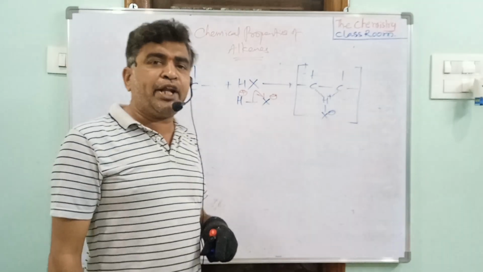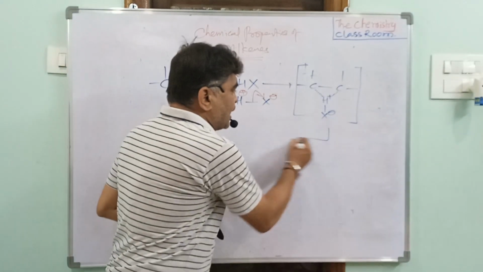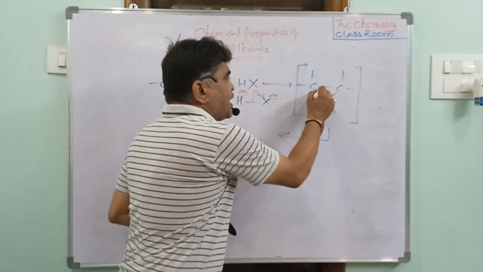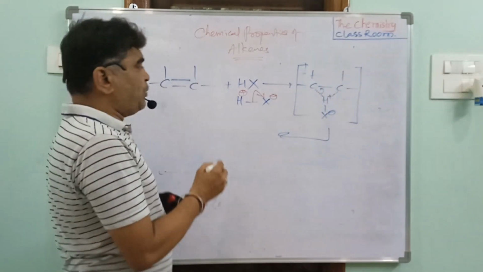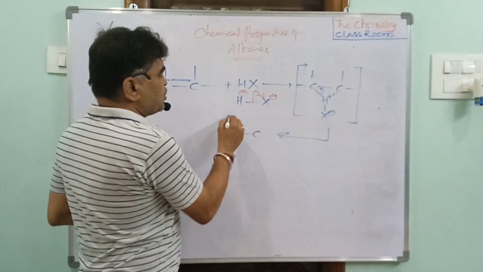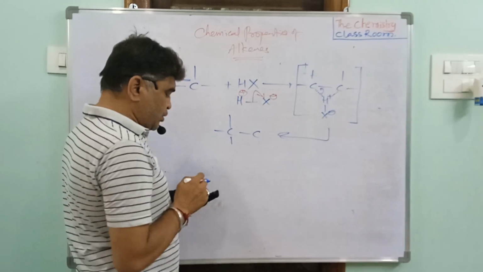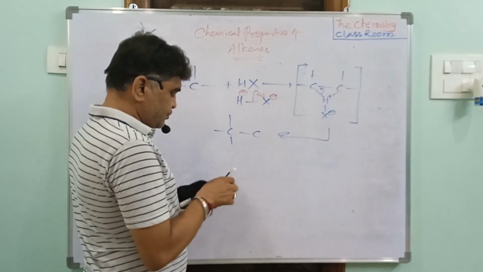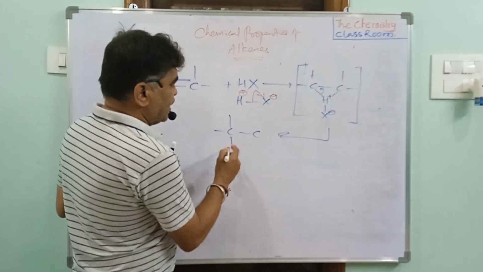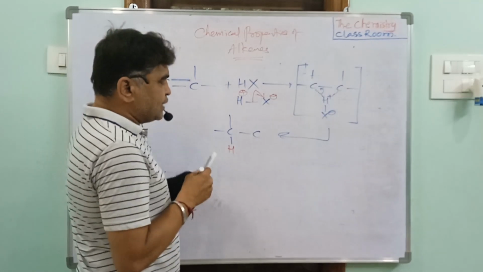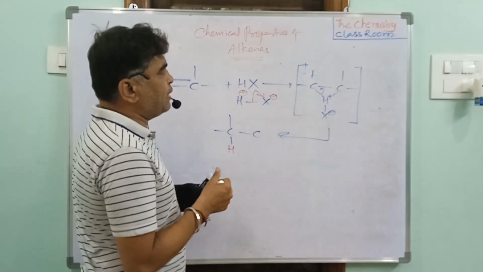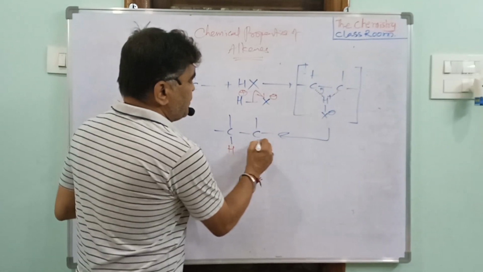In this unstable intermediate, after the reaction, the hydrogen is added to one carbon. So automatically what happened, you see? The hydrogen is added to the first carbon. Then automatically the second carbon is getting a positive charge. Why?